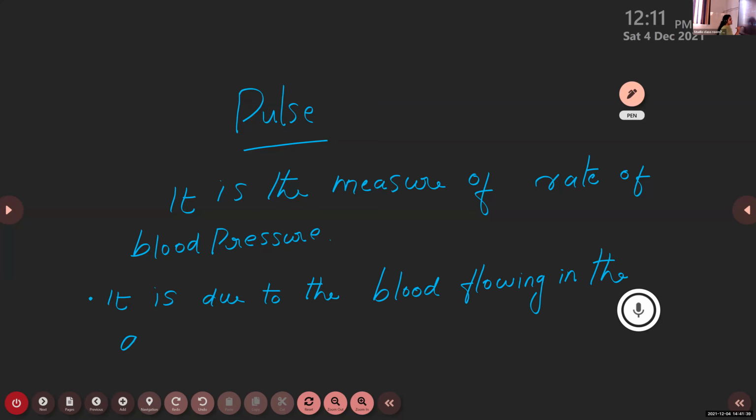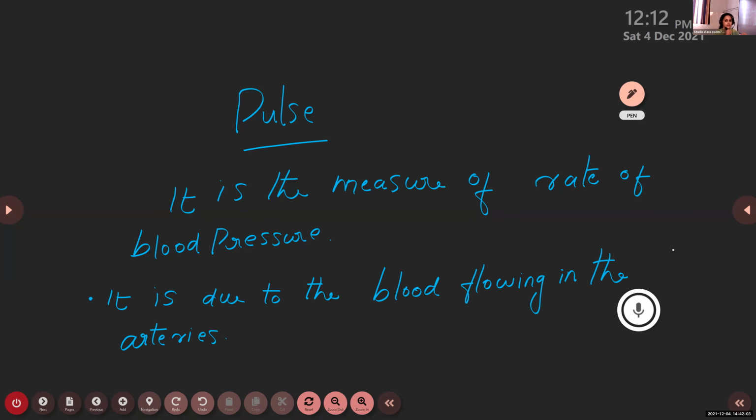Okay. So here we are doing an activity for counting the pulse. We found that whenever we keep the index finger or middle finger on the left wrist, we feel some kind of throbbing sounds. This throbbing is mainly due to the blood flowing in the arteries. Yes, Harin? Ma'am, we can count our pulse near our neck, right?